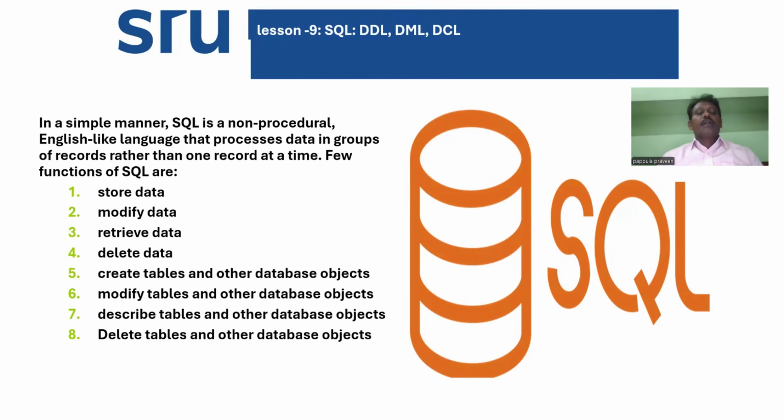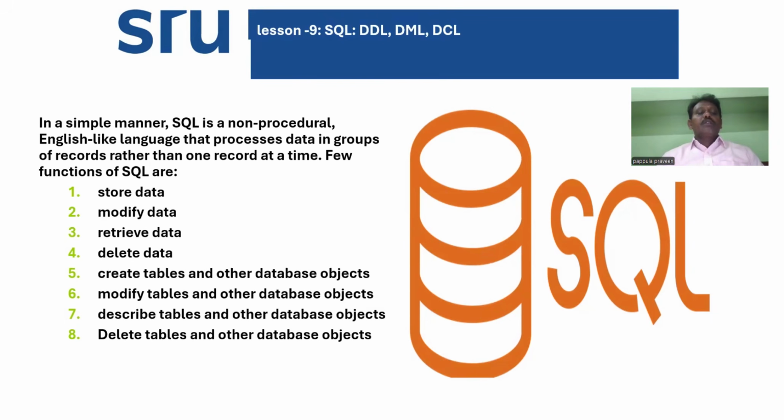Then it will return all employees' details. If you specify some name along with whether the salary is greater than 50,000, you have to combine the select command with the AND operation.